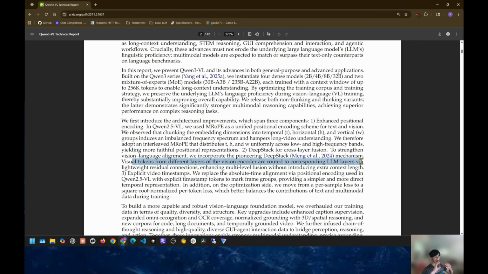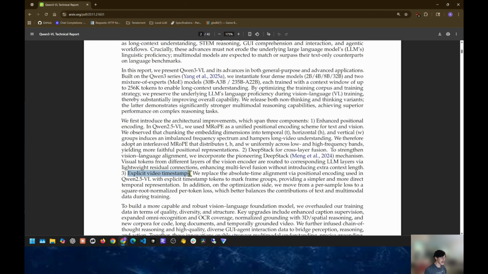So I guess the tokens of the vision part are not being sent as one, but probably across the appropriate layers on the LLM side via lightweight residual connections, enhancing multi-level fusion without introducing extra long context length.